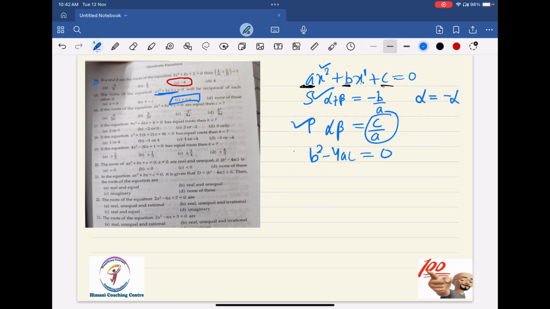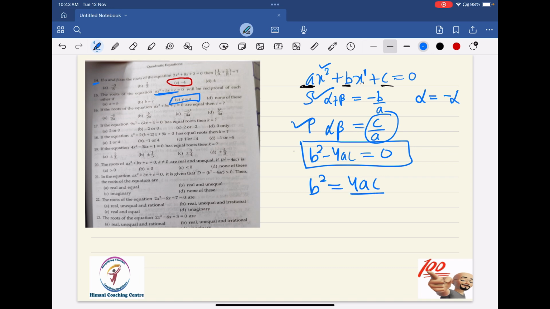Now, the other question is also some kind of application of thought. It says if the roots of the equation ax square plus bx plus c are equal, then what is c? See, if the roots are equal, what will happen? b square minus 4ac should be equal to 0. They are asking us for c, so let us try that. b square would be equal to 4ac, minus 4ac goes to the other side.